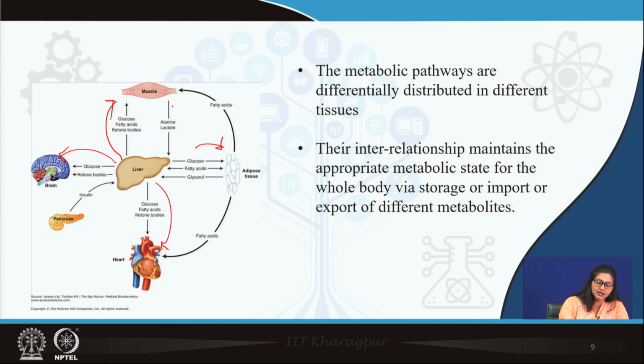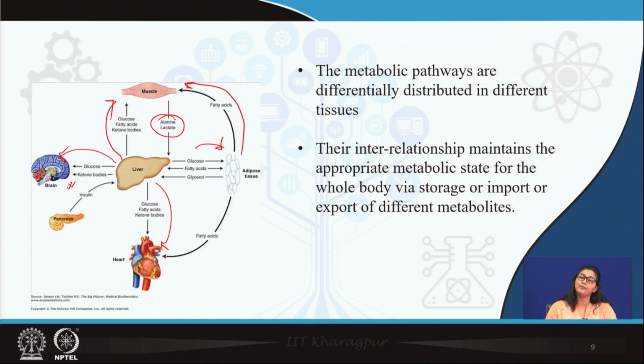You can see muscle supplies lactate, alanine to liver, that is our glucose alanine cycle. Then adipose tissue can exchange fatty acid with muscle also, brain can exchange ketone bodies with liver, then heart takes nutrients from liver. So, that is integration at the tissue level.